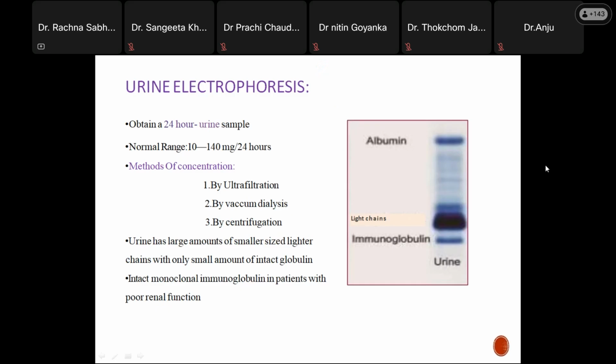We have to perform nephelometry to quantify the immunoglobulin whenever it is present in high amounts, and obtain a 24-hour urine collection for electrophoresis and immunofixation. Then, of course, the clinician combines it with investigations like CT scan and bone marrow aspiration.